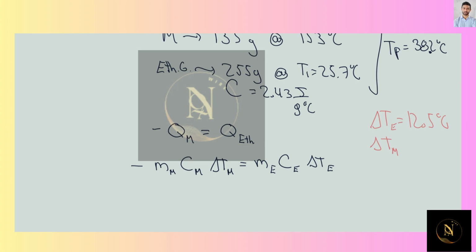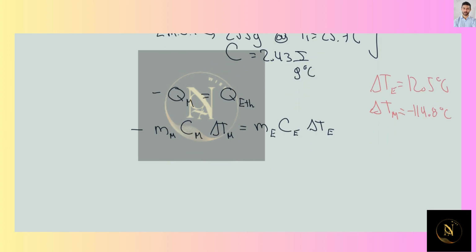So finally it's 38.2 minus 152 degrees Celsius. So it's going to be equal to minus 114.8 degrees Celsius. I'm going to just put these values here, but we're going to proceed by solving the equation directly, and then we're going to replace the results.